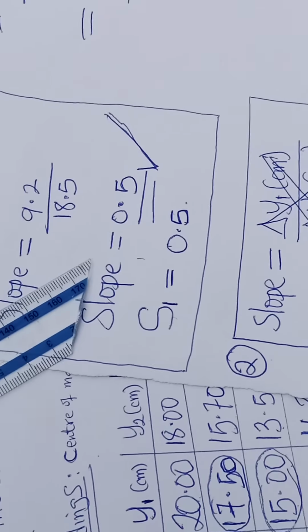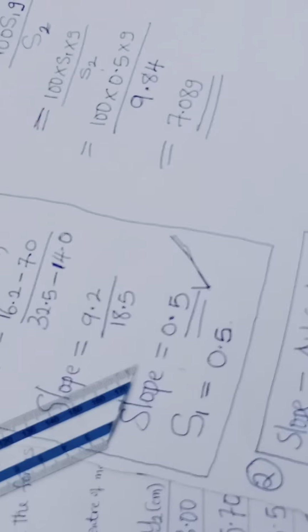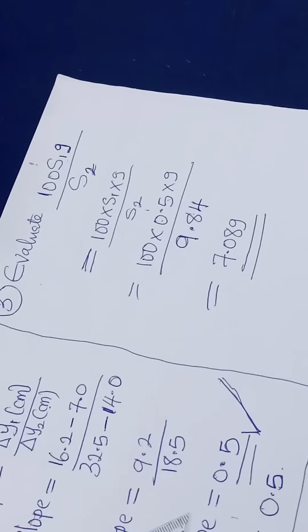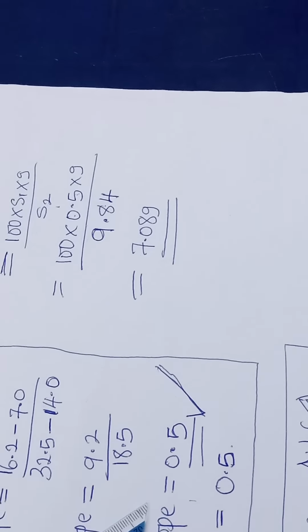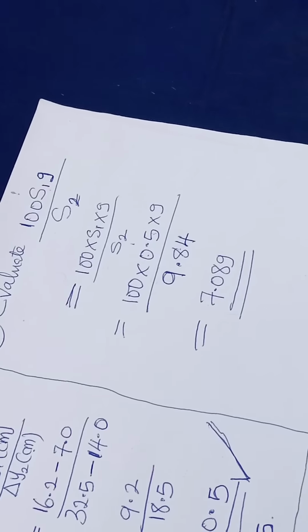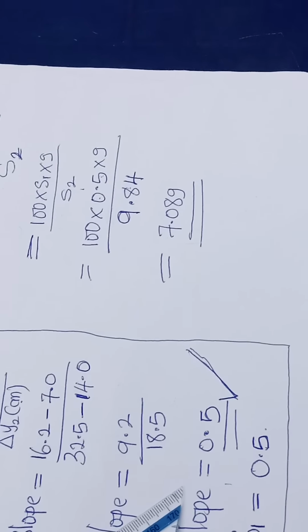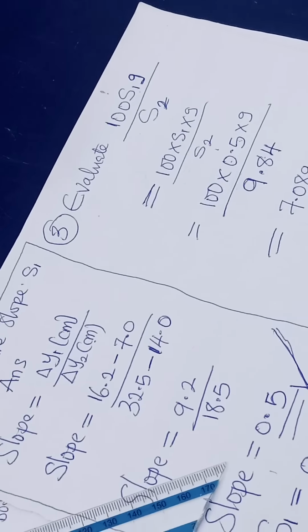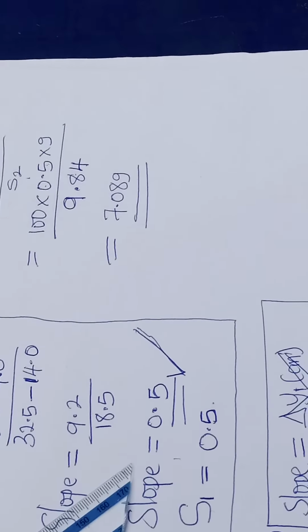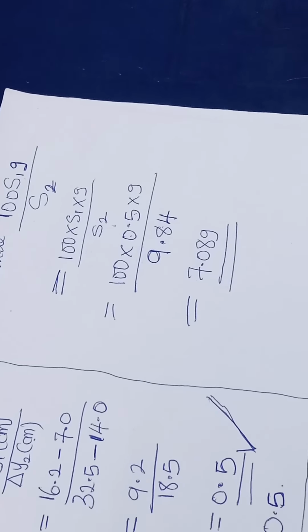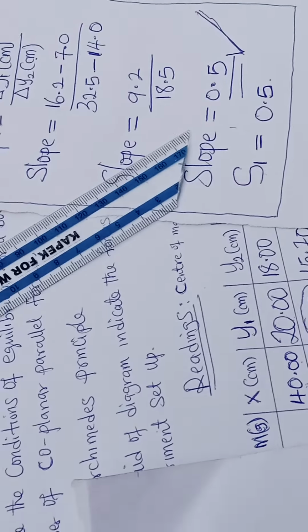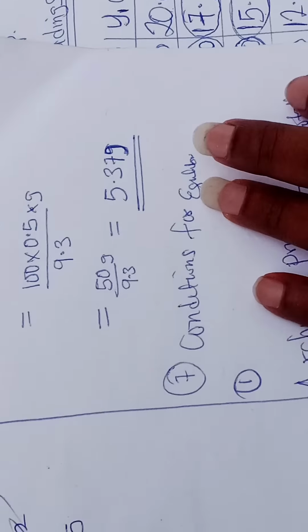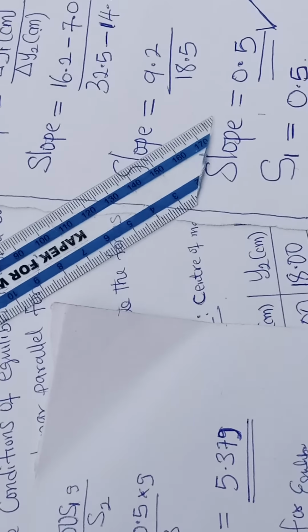So if I have that, we can continue. 50 divided by 9.84. Okay, let's check whether this is correct.